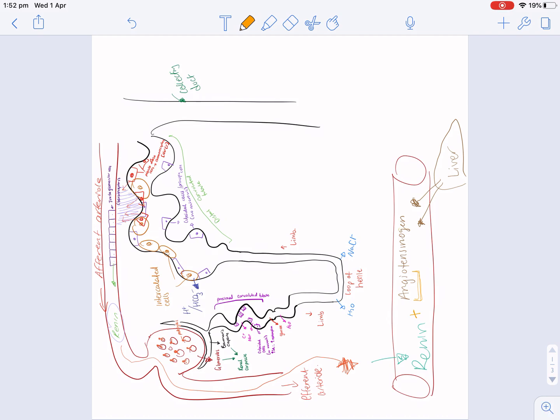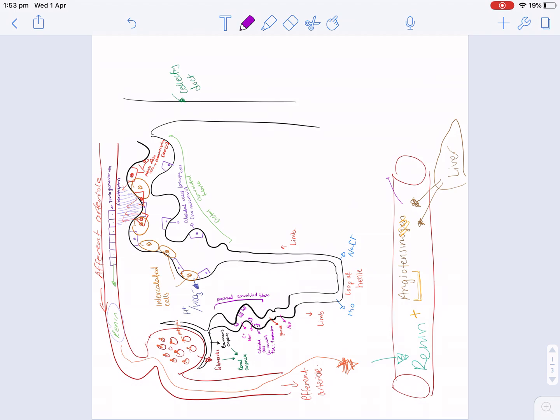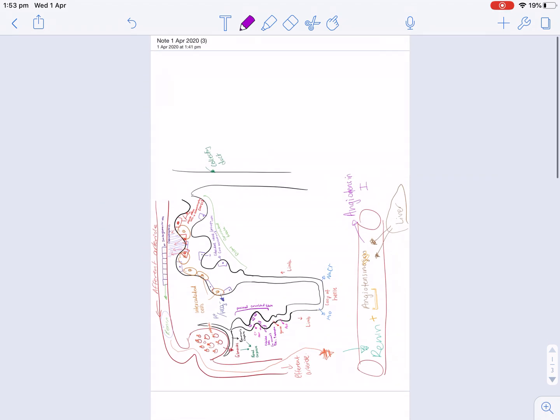So what renin does is it chops off this OGN and activates the angiotensinogen to become angiotensin 1. Now, angiotensin 1 clinically is not that relevant because it doesn't constrict the vessels that significantly relative to angiotensin 2.